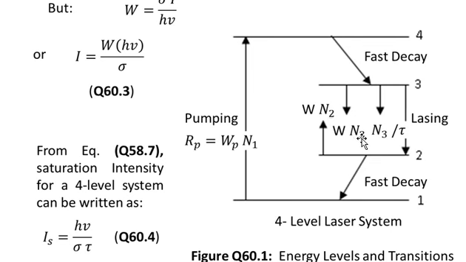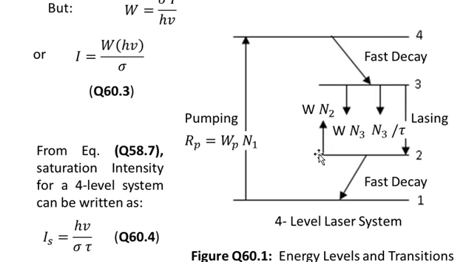So WN3 is the term due to stimulated emission, and then the next downward arrow is labeled with N3 divided by tau, which is the spontaneous emission. 1 over tau is the spontaneous transition rate, and multiplied by N3 it gives you the decay rate of population 3 through spontaneous emission.